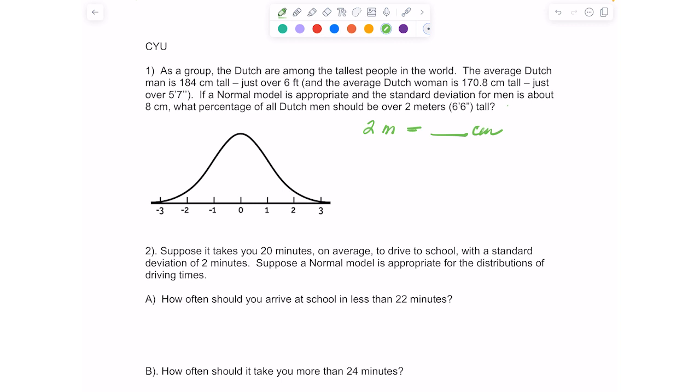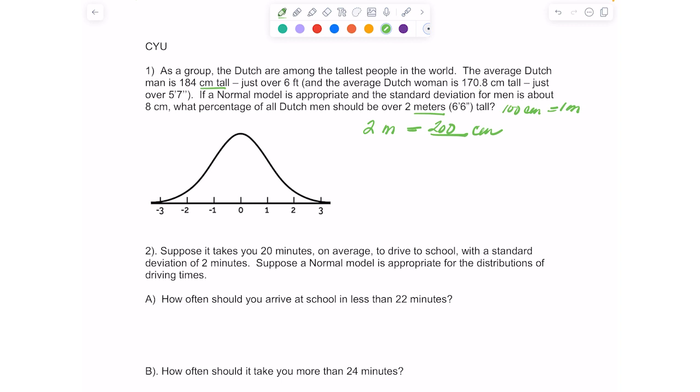So I would just take 2 times 100. So there's actually 200 centimeters in 2 meters. Now that I have my labels the same, I can do some conversions here.